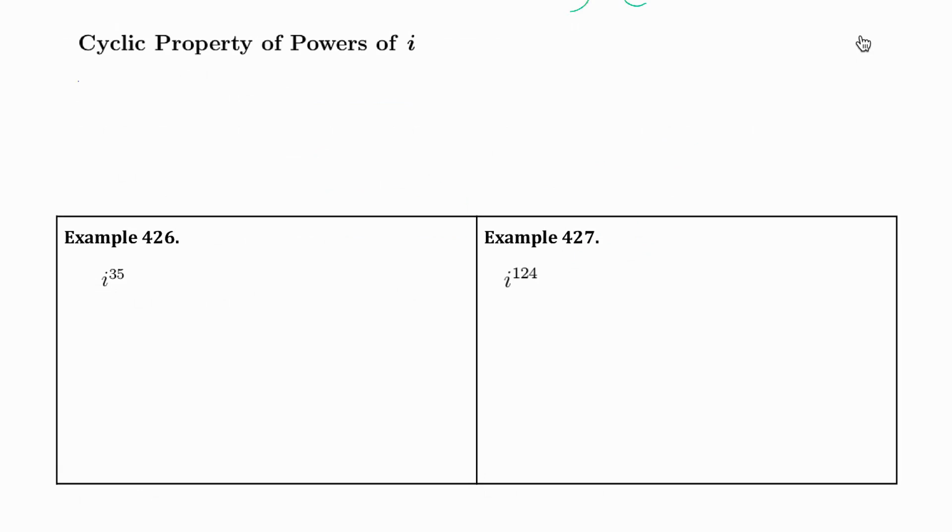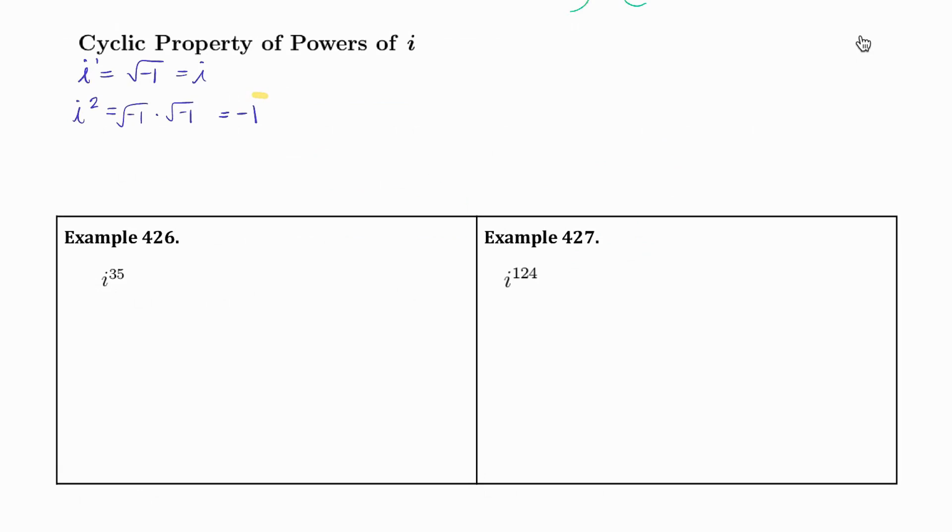We said that i is defined as the square root of negative 1, and I'm going to call that i to the first. i to the second, or i squared, is the square root of negative 1 times the square root of negative 1. If we square a square root, we just get that number. So i squared is negative 1.